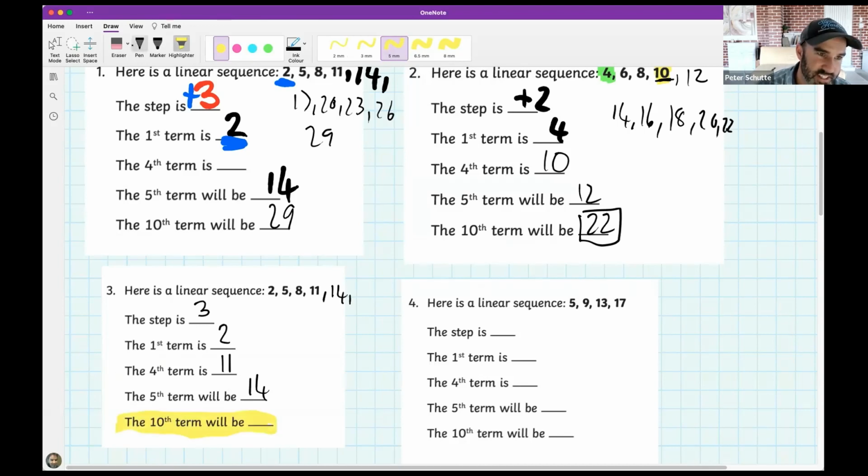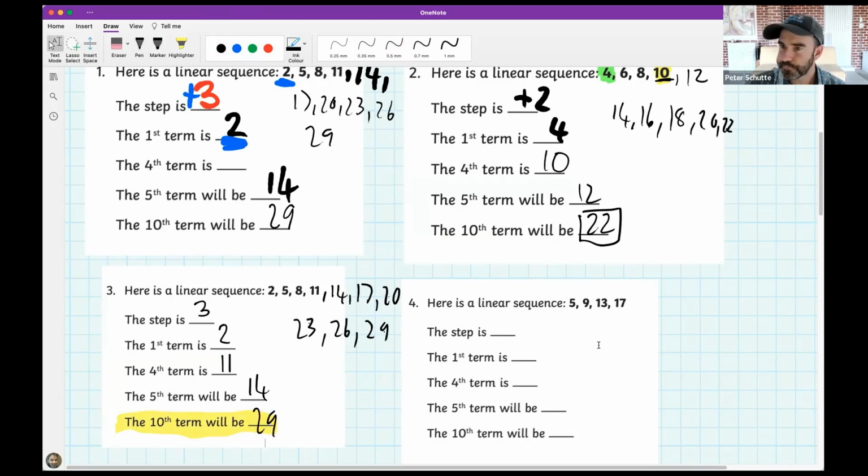I kind of have to just count out by the step size. So we've got 6 numbers. Now we're going to go 7, 8, 9. Am I going right here? 2, 8, 11, 14. So that's 5, 6, 7, 8, 9, 10. So the 10th term will be 29 here.